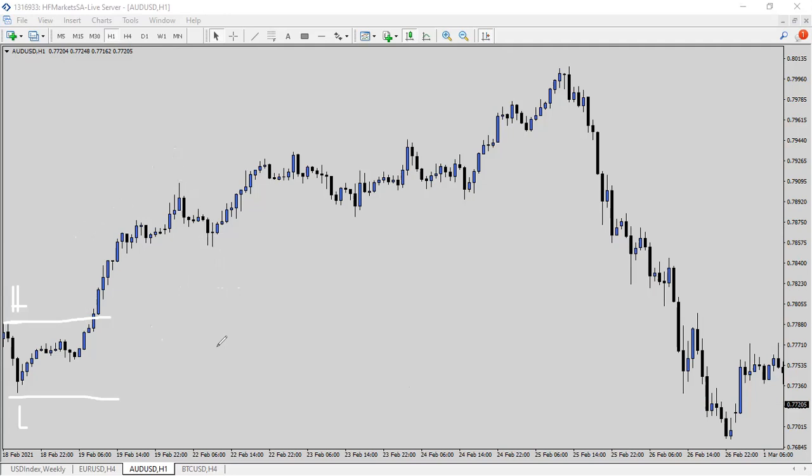So I'm just going to remove all of this and we're going to go through it again. Change the color of the pen. So price broke previous high, right? So that's the previous high. That's number one, right? Price formed a higher high. That's number two. Formed a higher low and respected the previous low, right?